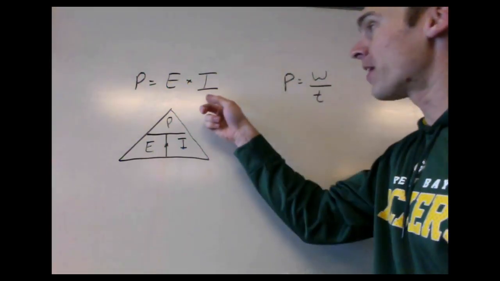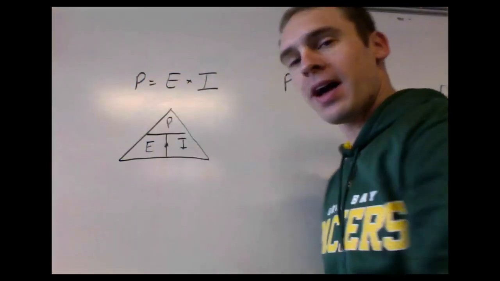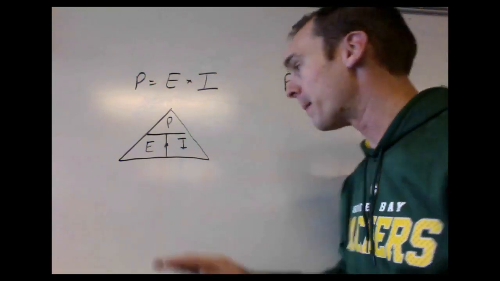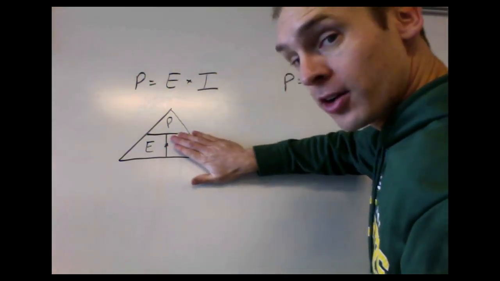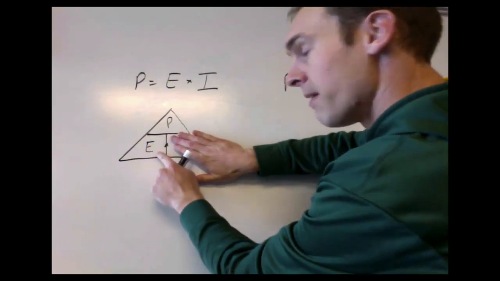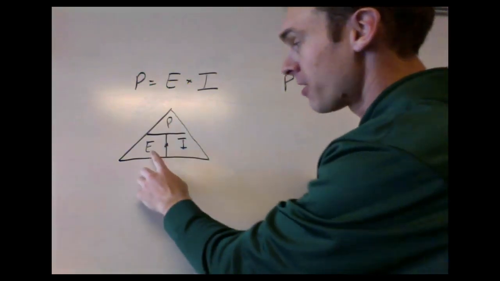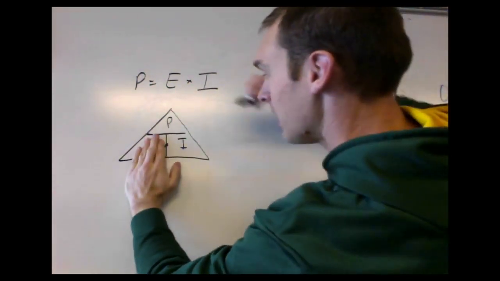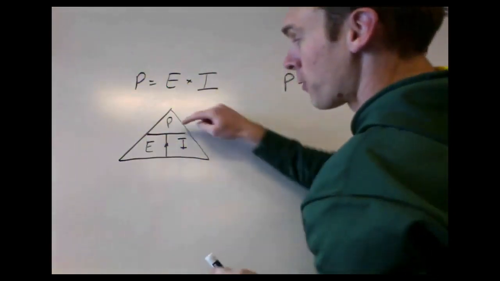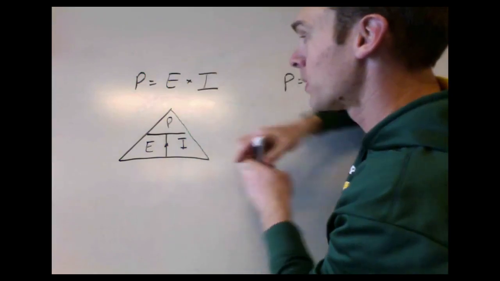If you want to solve for I, sometimes your brain might get confused about which one to divide by. This makes it really easy. Whatever variable you want to solve for, you just cover it up. If I want to solve for I, or current, then it's power divided by voltage. If I want to solve for voltage, it's power divided by current. And if you want to solve for power, it's voltage times current, just like we have here.